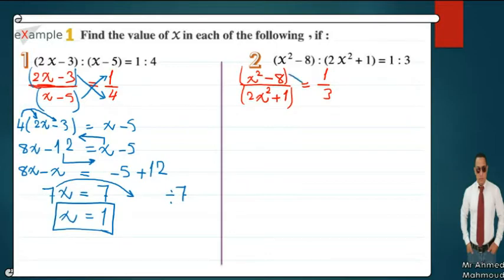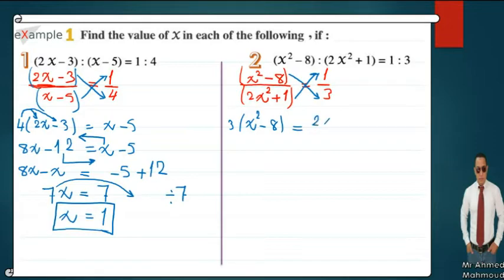x² times 3, x² minus 8 times 3, and 2x² plus 1 times 1. Okay, 3 open bracket x² minus 8 equals 1 times this bracket, equal, the bracket without change.